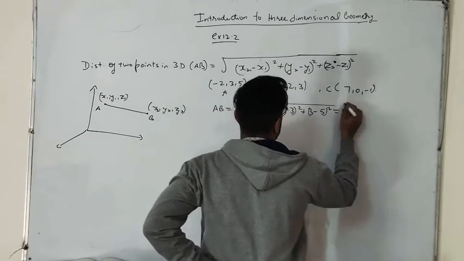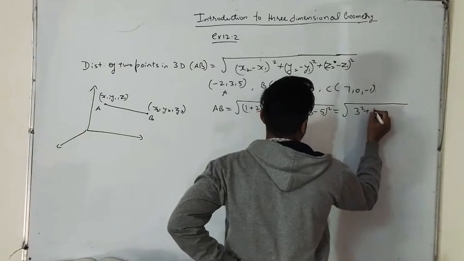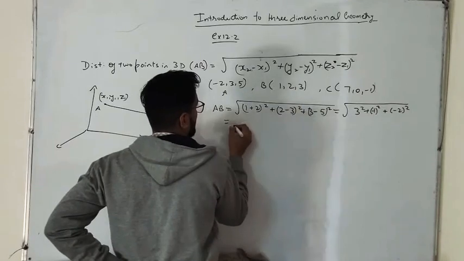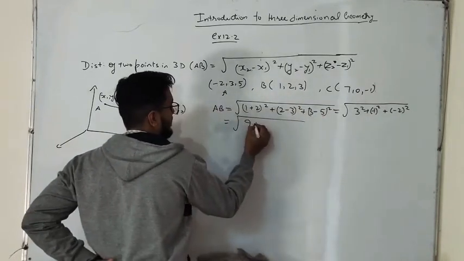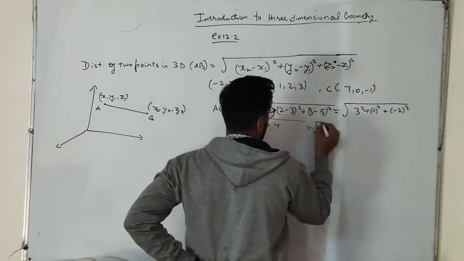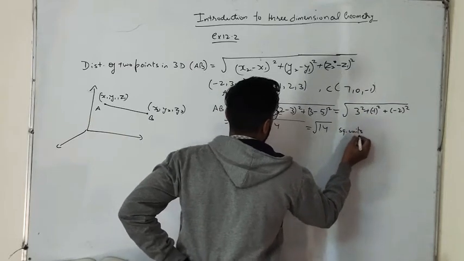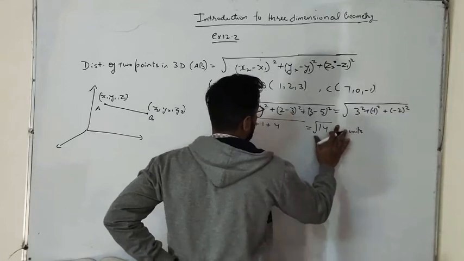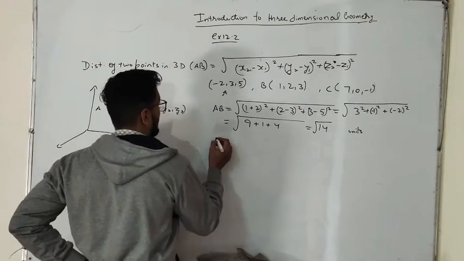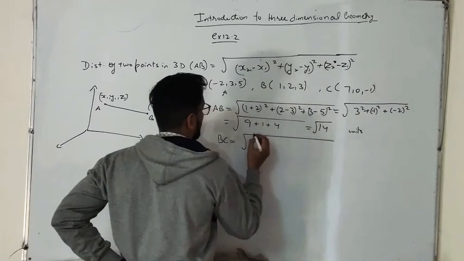So which is equal to the square root of 3 square plus 1 square plus (-2) square, which is the square root of 9 plus 1 plus 4. 4 plus 1 is 5, 5 plus 9 is 14. The square root of 14 units, not square units, because we are only calculating distance. Next, BC is equal to the square root of (7 minus 1) whole square.